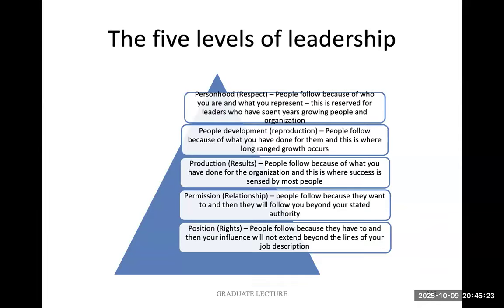So, is it possible for one to accelerate through these different levels by focusing on, say, instead of just wanting to be a positional leader or a relational leader, going directly into trying to be a productive leader and then someone that focuses on human development, instead of trying to rise through position?